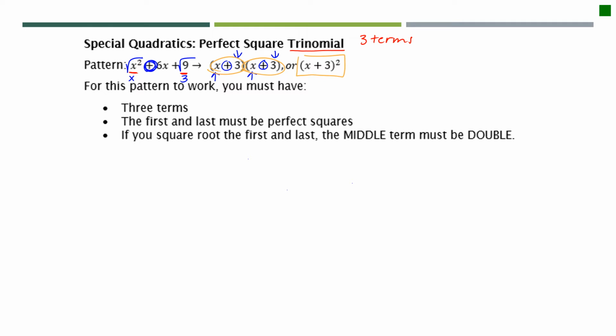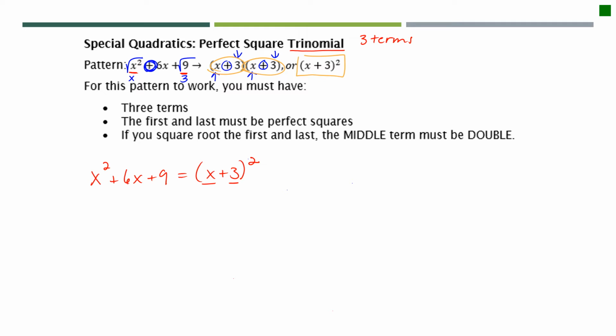Now the thing I was talking about that you have to check. So I'm going to write this again down here. x squared plus 6x plus 9. We factored it into x plus 3 squared. The way that you can check is by multiplying the first and the last number.